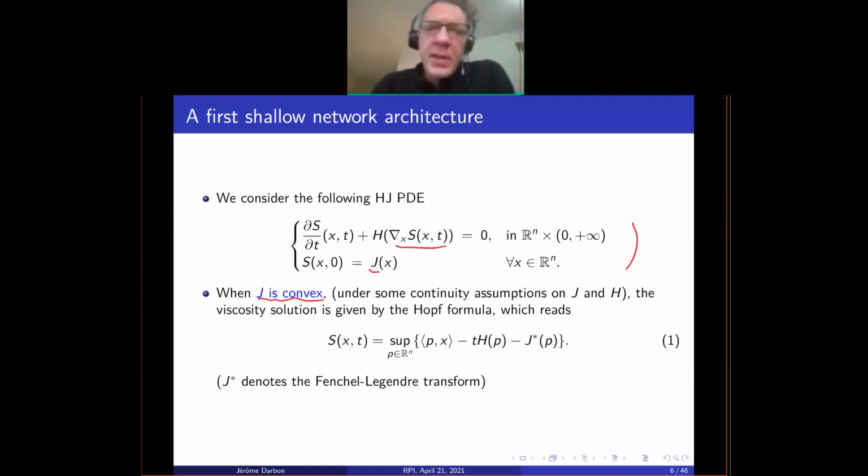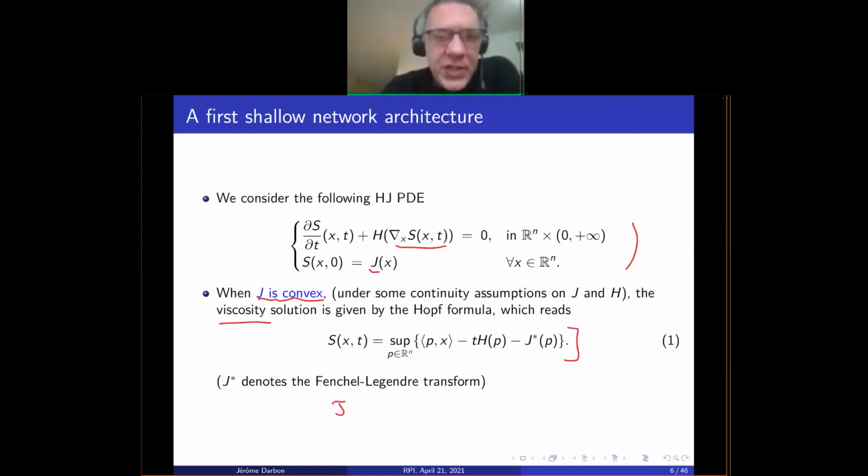If you assume some continuity assumption on H, then it is widely known that the viscosity solution of this Hamilton-Jacobi PDE can be written as the following optimization problem involving H and J star of p, where J star of p is the Legendre transform of J.